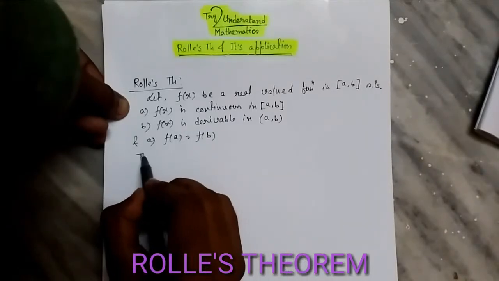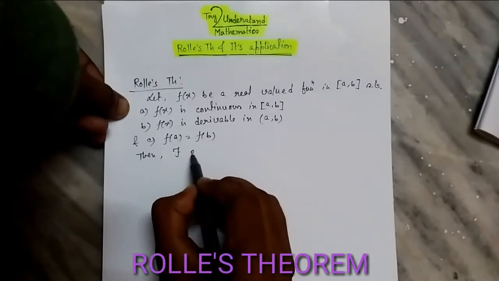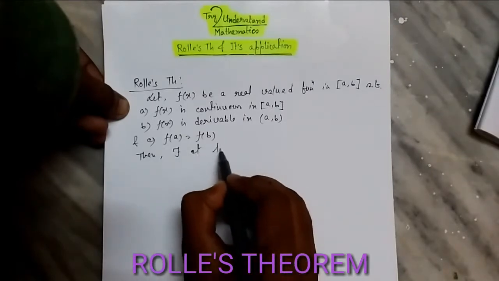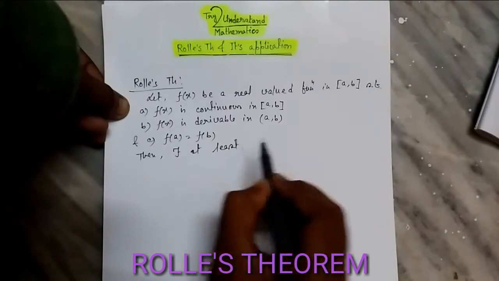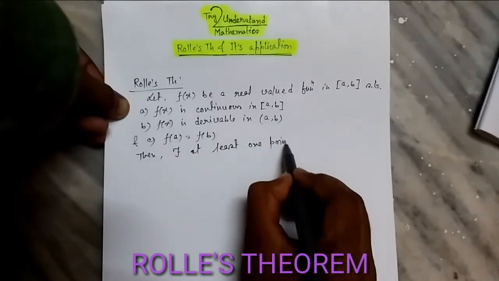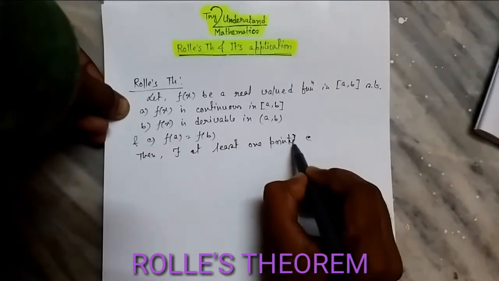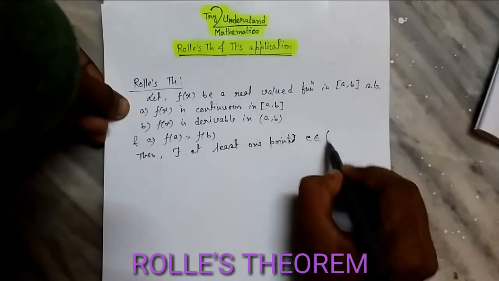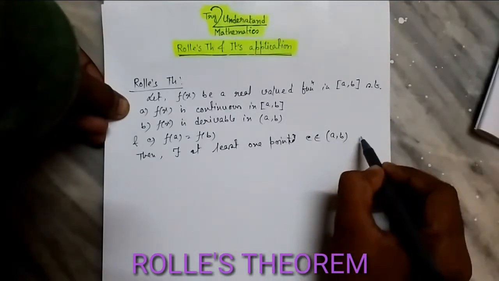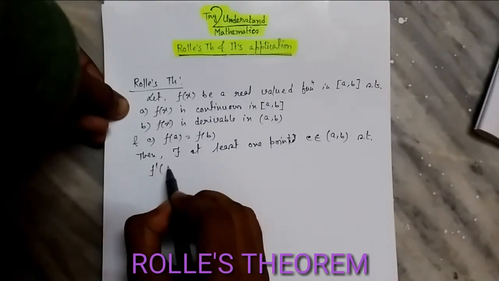Then Rolle's theorem says that there exists at least one point c belonging to the open interval ab such that f dash c equal to 0.